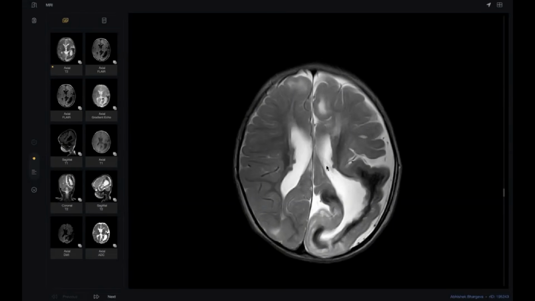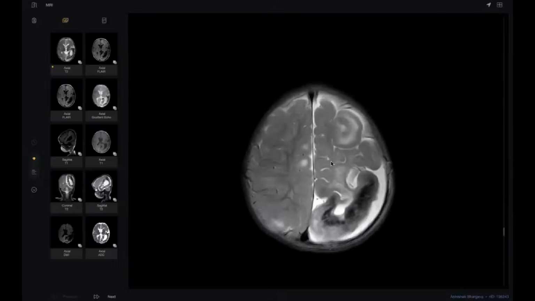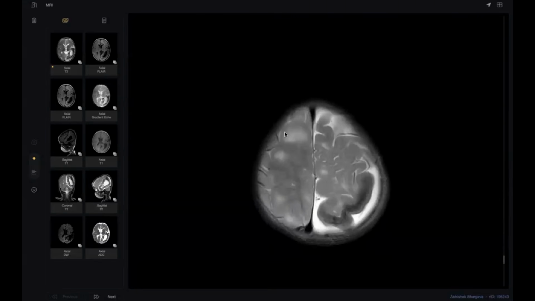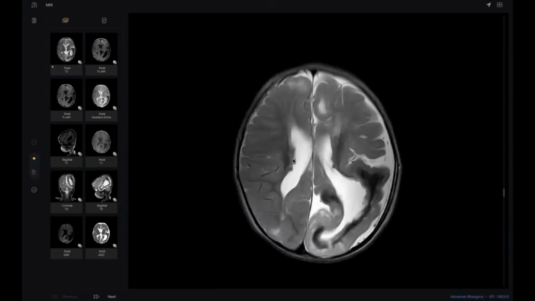Without these nodules, you can diagnose this area as post-ischemic changes, maybe Sturge-Weber, maybe. But the presence of this subependymal nodule is very pathognomonic of tuberous sclerosis. Besides, sure, there are also subcortical tubers, but this one is pathognomonic.